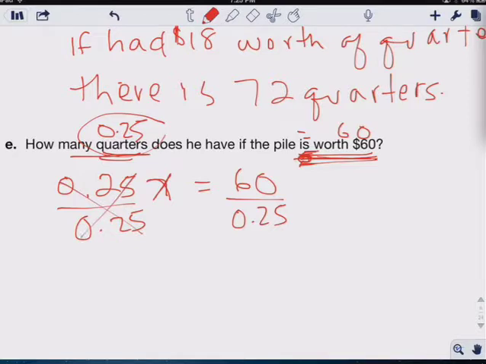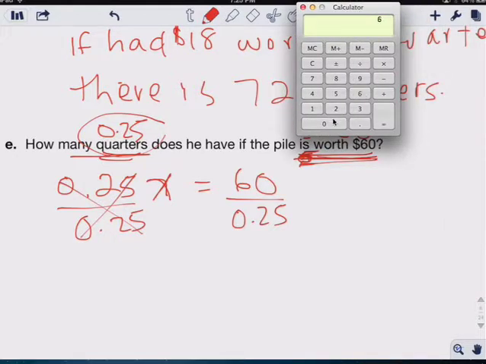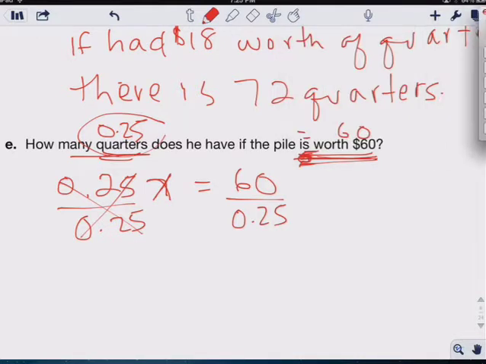Now use your calculator here. 60 divided by 0.25, and that should get you 240 quarters. A lot of quarters.